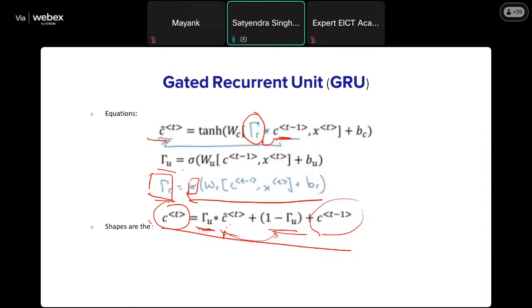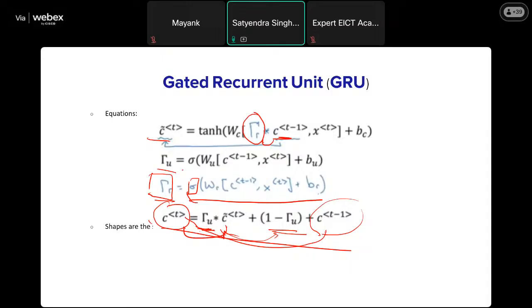So either it will be replaced by the new context information, which suggests that C(t) is not relevant to C(t-1), or it will be completely replaced with C(t-1), which has older information.